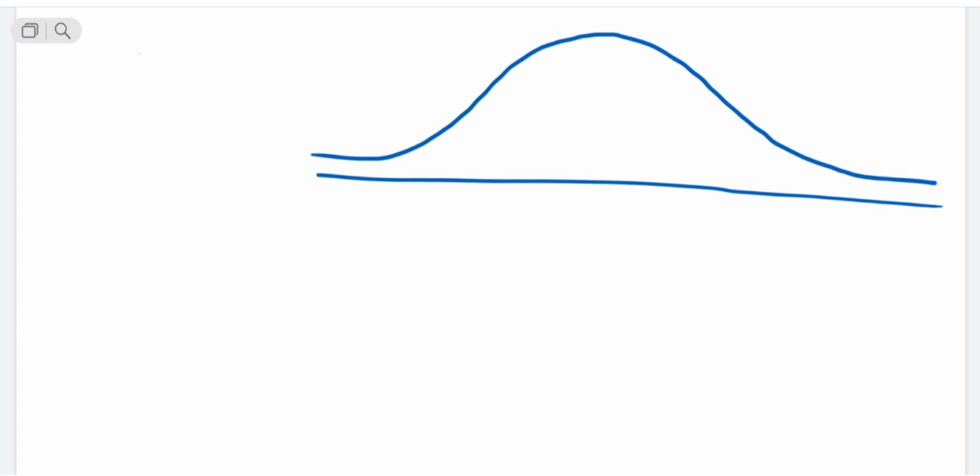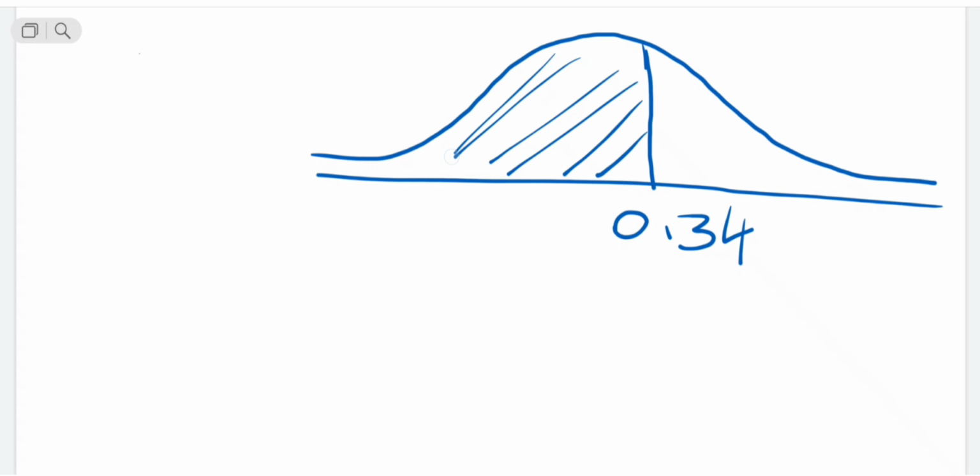For example, if the graph is given like that and the value of z is given, for example 0.34, they ask you to find the area of this part. It means this side is less. If it is given this side, it means less. If this side, it means greater.